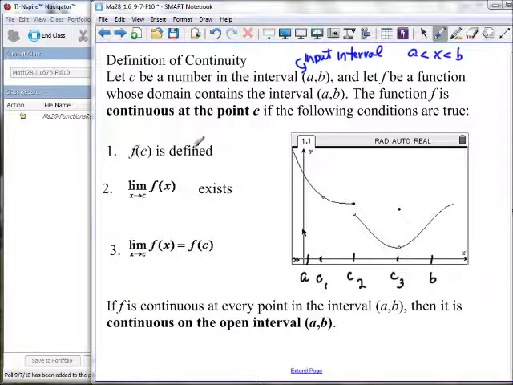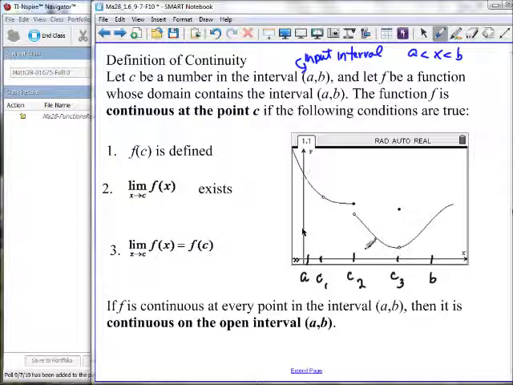Number one, the function is defined at that value. Now, of these three situations here, we know C1, C2, and C3, it's not continuous. But of those, which one do we have that f of c is not defined? At C1, C2, or C3?